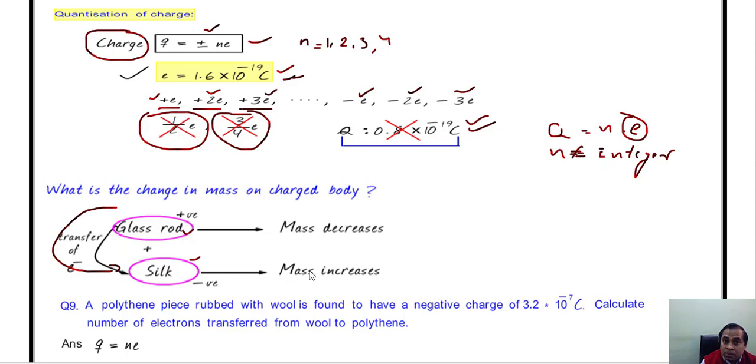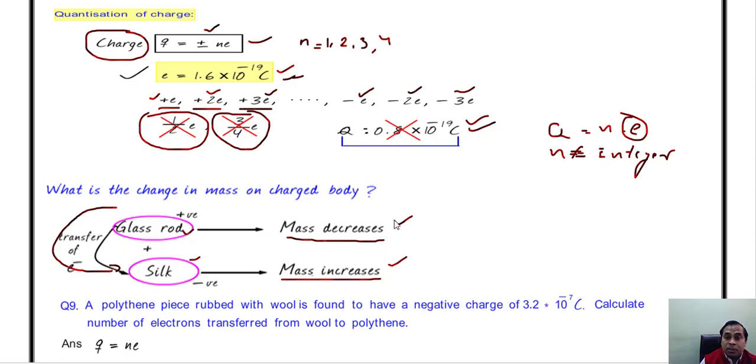Electrons have some mass, so the mass of the negatively charged silk is increasing. And because the glass rod has given up some electrons, its mass is decreasing. So positively charged bodies are always relatively smaller in mass than their parent situation. Similarly, negatively charged bodies are just a little massier than their parent situation.